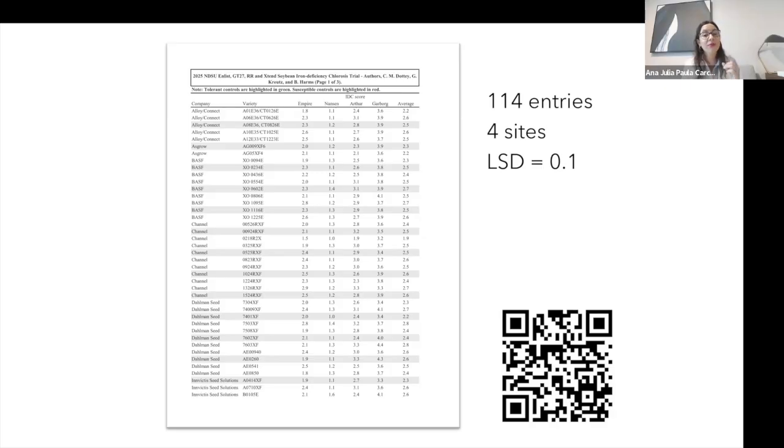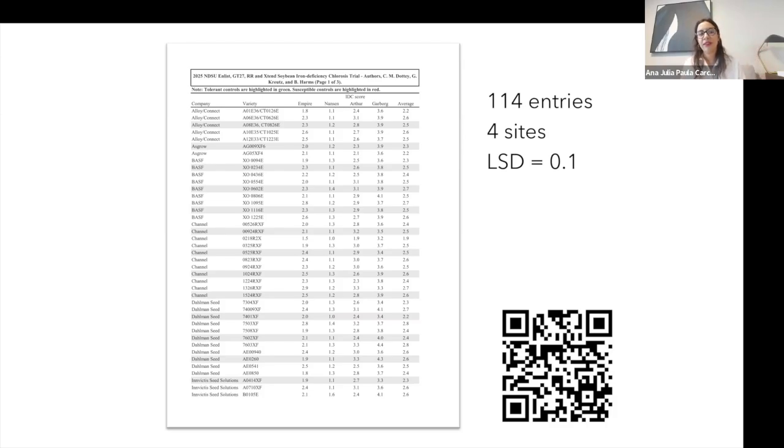And they did it not in one, not in two, but in 4 sites across all the east region of North Dakota. You might see that some of the sites have had higher IDC effects, some of them have lower. It really varies year by year, site by site.